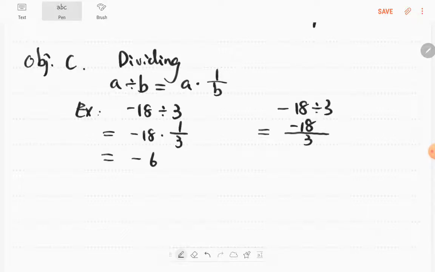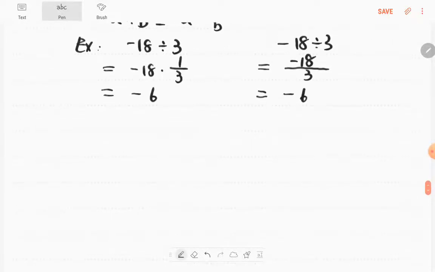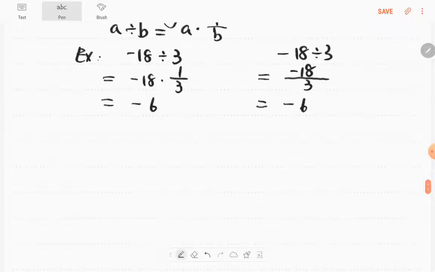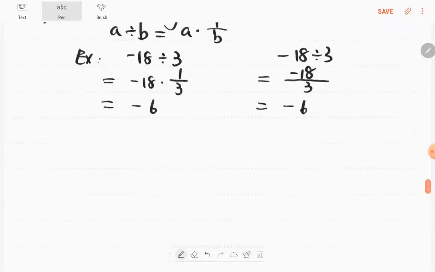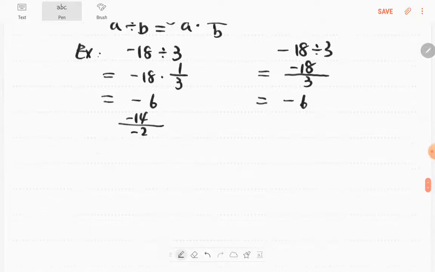We already know the fraction bar has the same meaning as the division sign. So we can just do like this. Then this will be much easier. So negative 6. Alright, let's try to do another one. If this time we already have negative 14 divided by negative 2.